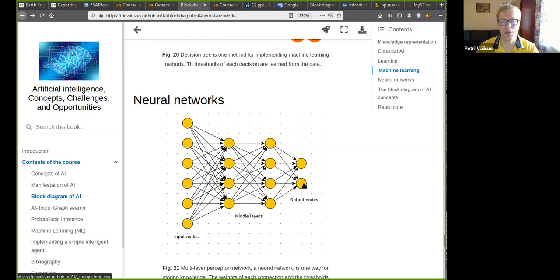And then after training, this network contains the information about this domain in the form of these weights and the threshold values in these nodes. So this encodes the domain knowledge, and then you can start feeding in new observations, and it will predict the bird species.